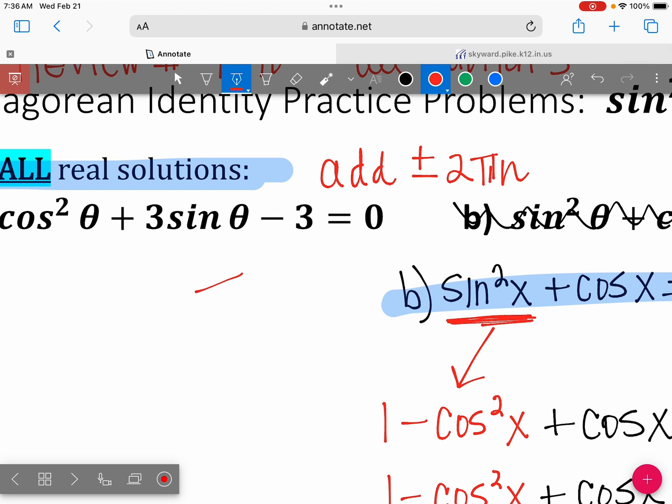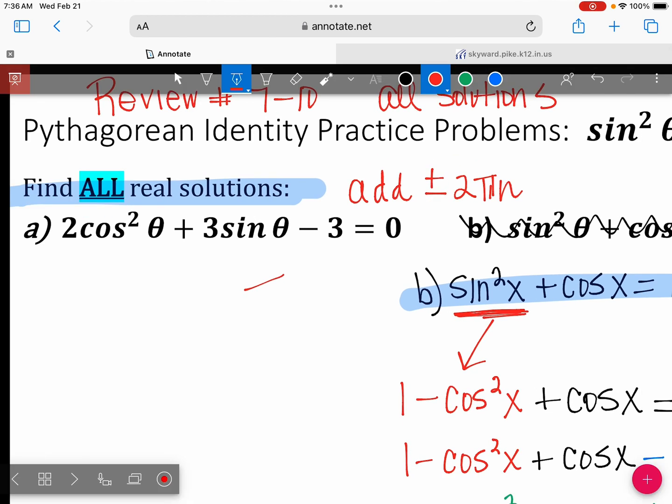Whenever it says all real solutions, you need to add that plus or minus 2 pi n, because every angle that you see on the unit circle, I can rotate to the left 360, or I can rotate right 360 and get additional answers. That's what all solutions means. So all you have to do is add the plus 2 pi n. So it's not a complicated thing, but that's the meaning behind that.